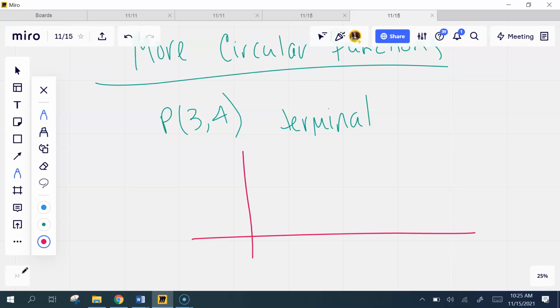Let me just draw it for you. Here's P, right? I'm in standard position, and here's theta. How might I write the sine, the cosine, and the tangent of theta from this point?